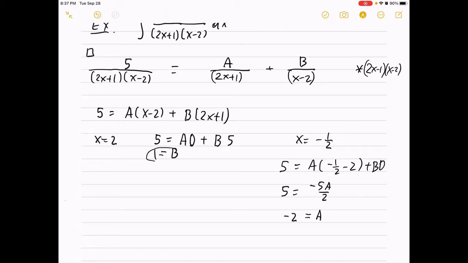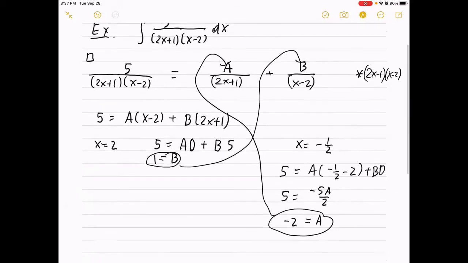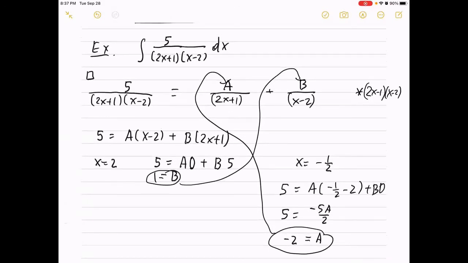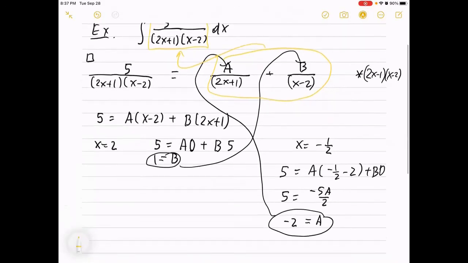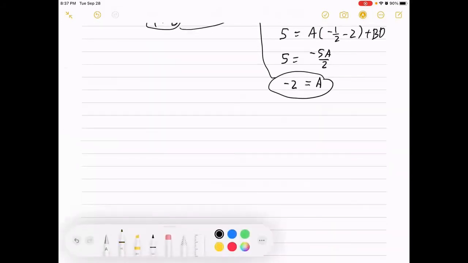Now we know what a and b are. We're going to substitute them into our expression. And that expression, which we obtained, is going to go instead of that fraction, a rational expression inside of our integral. So what we're going to get is the following.